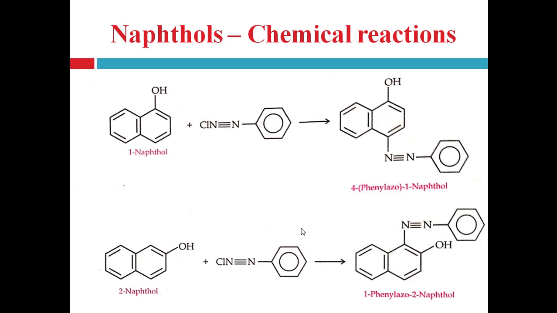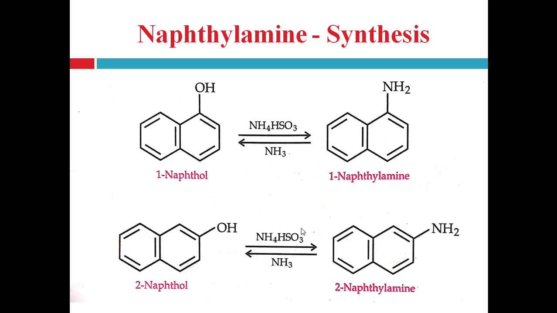So when 1-naphthol is used, then this diazonium group is attached at the 4th position or para position to the OH group, and when 2-naphthol is used, then this phenylazo group or diazonium group is attached to the first position of the naphthol, right? So it forms the 1-phenylazo 2-naphthol. This is the coupling reaction. Next derivative is naphthylamine.